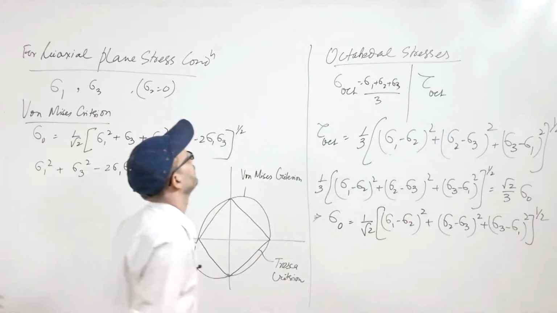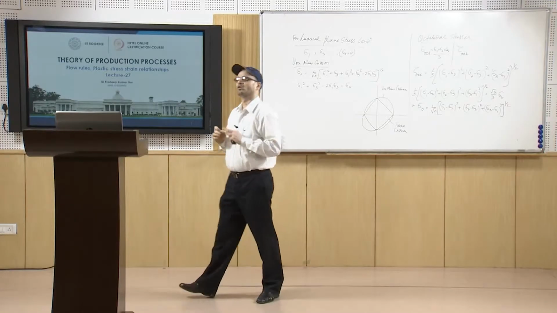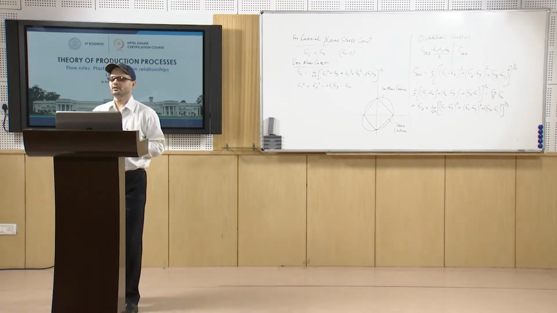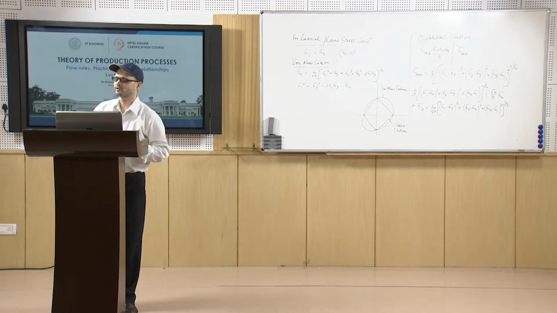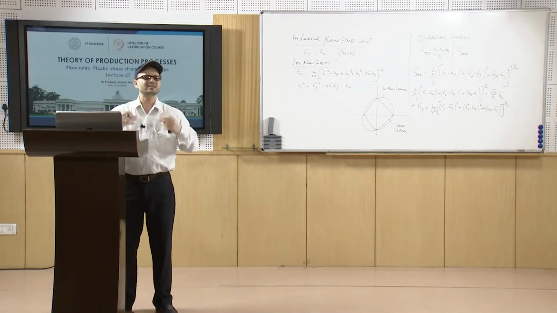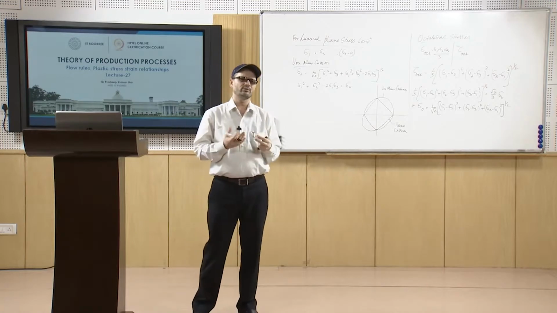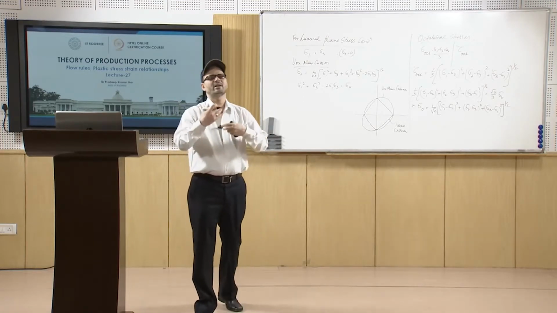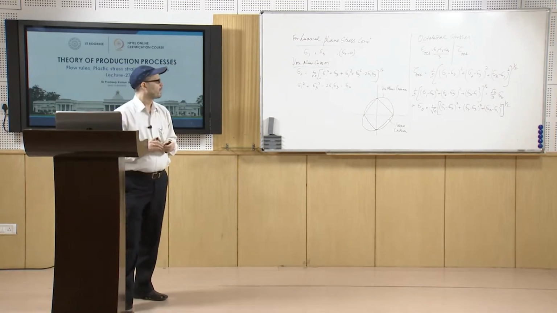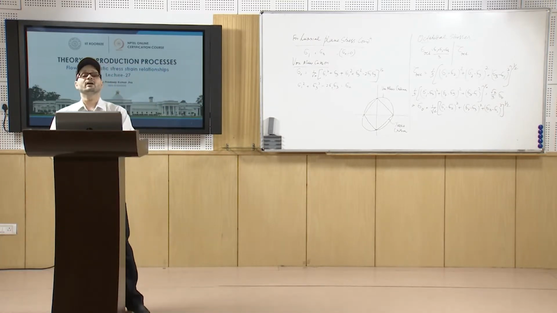If you recall, you get the same thing in the case of the von Mises criterion. This is the same equation which we derived from the distortion energy theory, or von Mises theory. Von Mises theory is also known as the distortion energy theory, a name given by another scientist based on the distortion energy or strain energy concept. So, both methods give the same result.